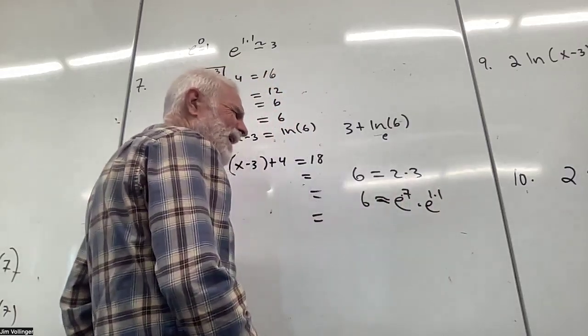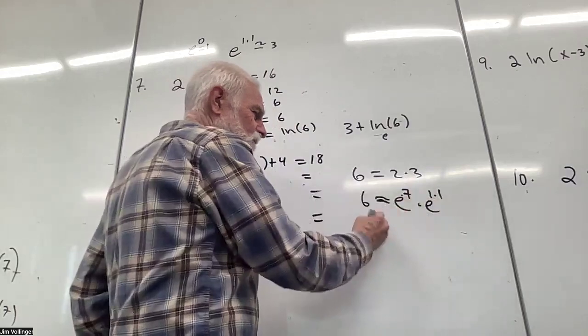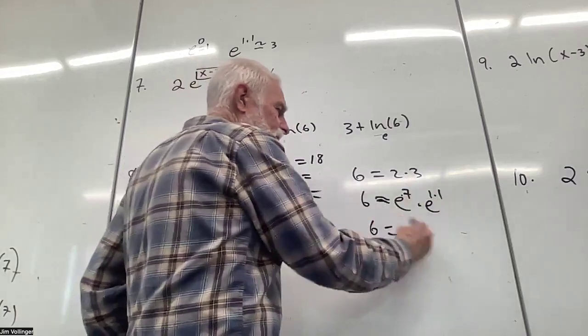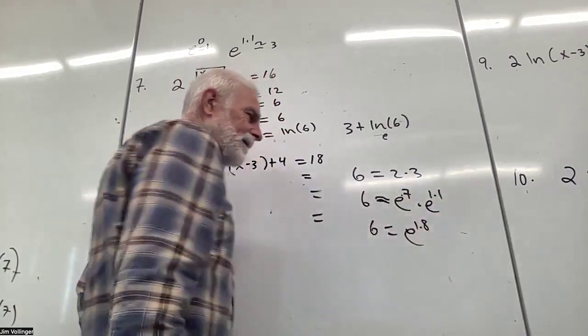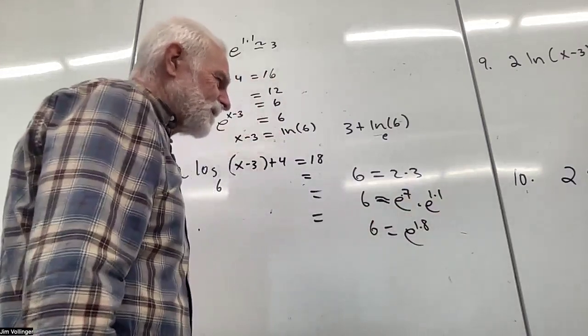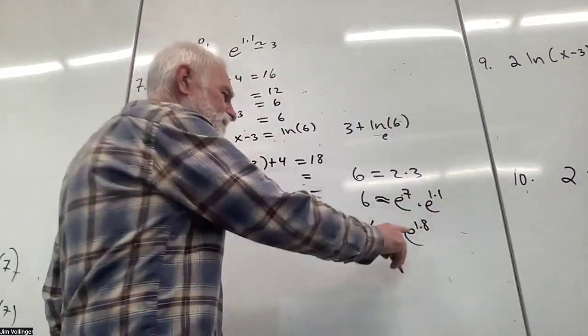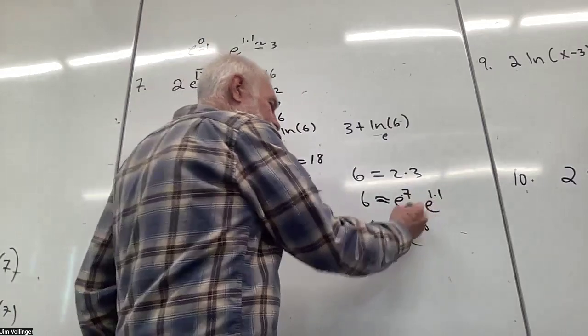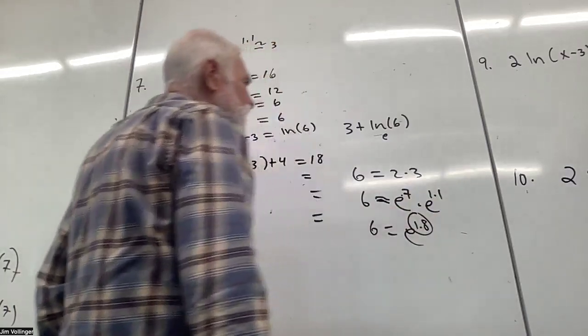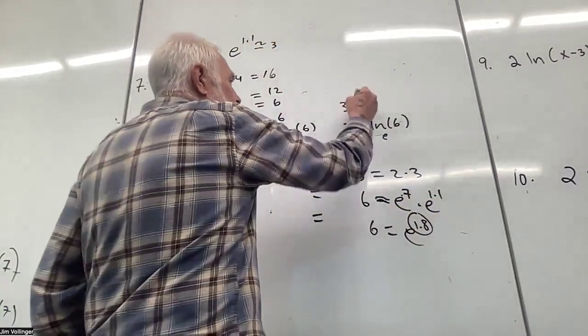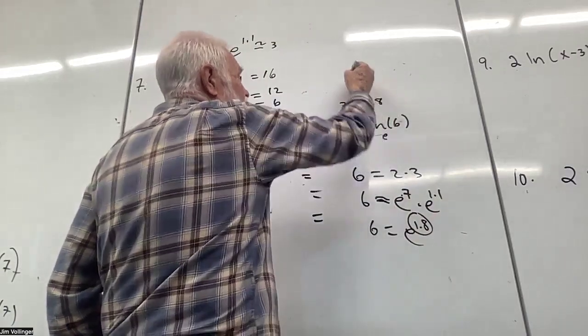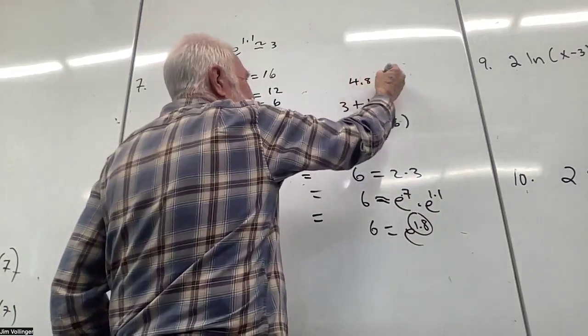So 6 to the what equals this? Well, 6 is equal to e to the 1.8, right? Approximate. And I'm looking for the exponent on top of e that gets me 6. I guess I just found an approximation of 1.8. So my answer should be 4.8-ish.